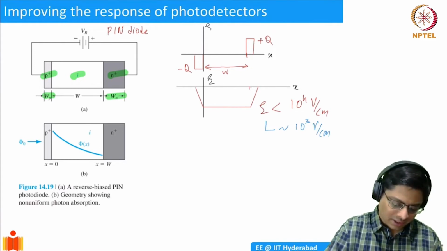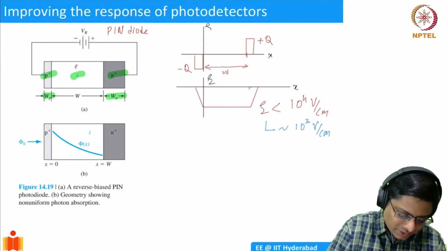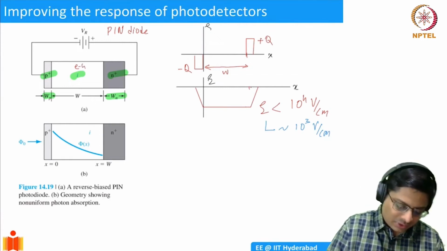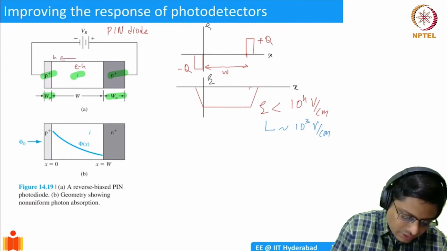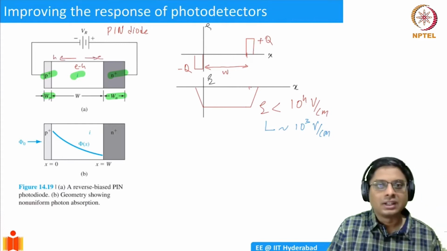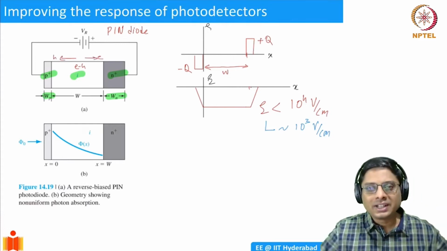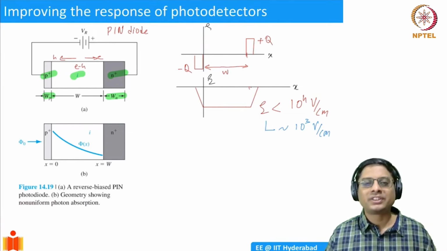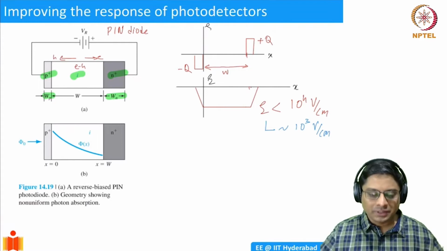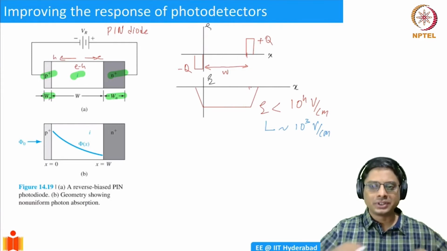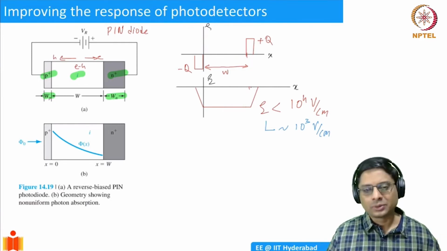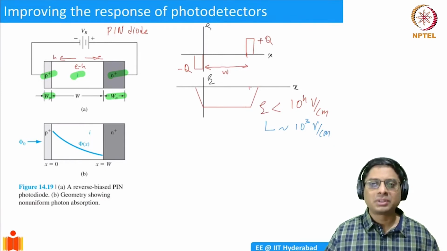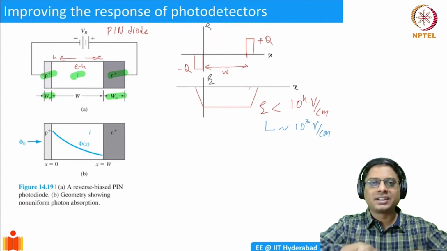For example, if I have electron-hole pairs produced right in the center here, the electric field is in this direction, so holes will go in this direction and electrons will go in this direction. This electric field immediately separates the electrons and holes, and because of that, the recombination of electron-hole pairs is less probable. That's why we like photovoltaic detectors, because the recombination is reduced. Still, of course, there is going to be some recombination. We cannot completely avoid it, but the probability is reduced because we are making the carriers drift in opposite directions.